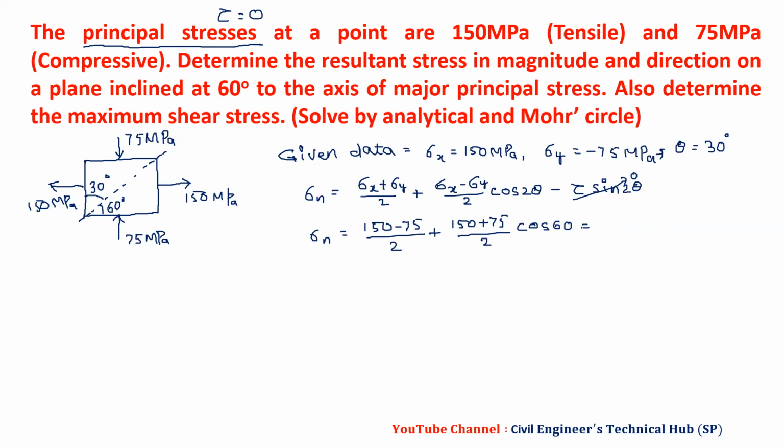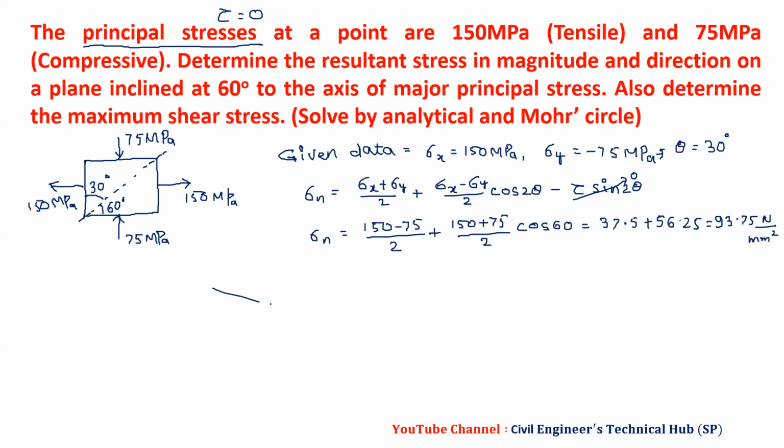I calculated it separately: 37.5 plus 56.25, and this value I got equal to 93.75 Newton per mm square.